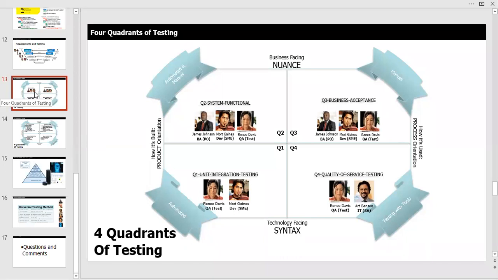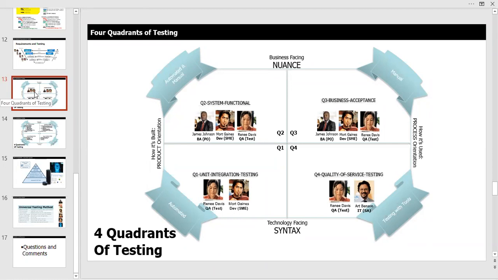Well, every shop's different. Generally speaking, and this is the literature speaking, not me particularly, the BA generally doesn't get into the heavy technology testing aspect, but the tester tends to be everywhere.